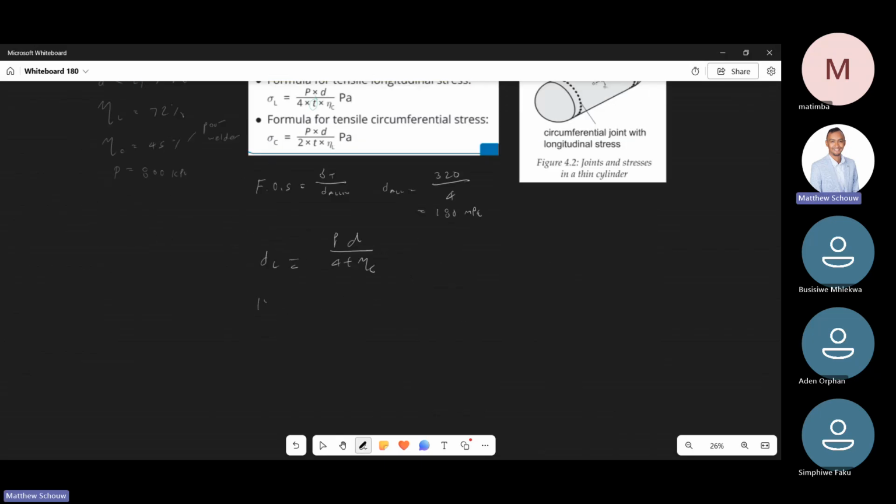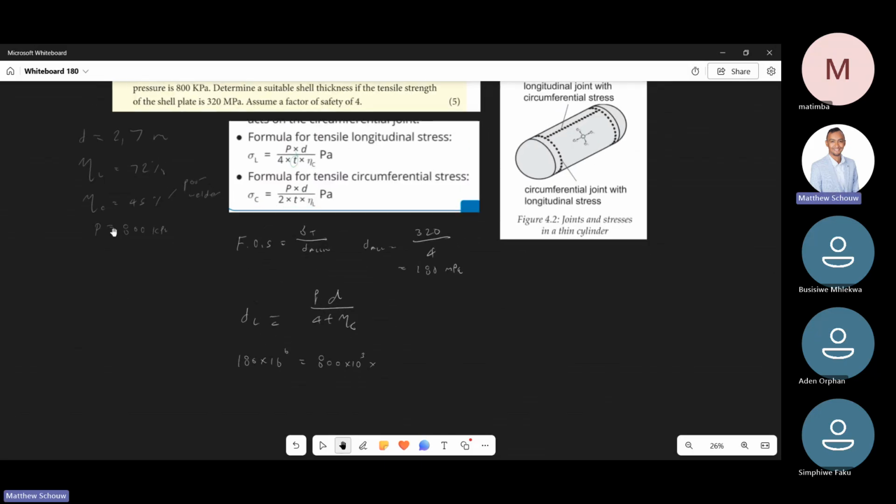So 180 there, our pressure was given as 800 kilopascals, and our diameter was given as 2.7, okay? And then we're going to say 4 times the thickness, which we do not know. And since we're doing the longitudinal, you must multiply it by the circumferential joint efficiency of 0.45.